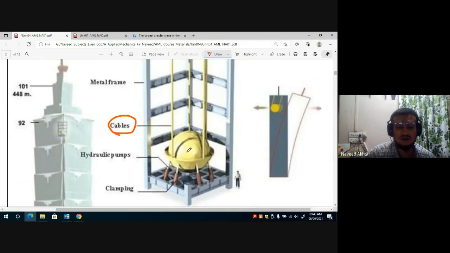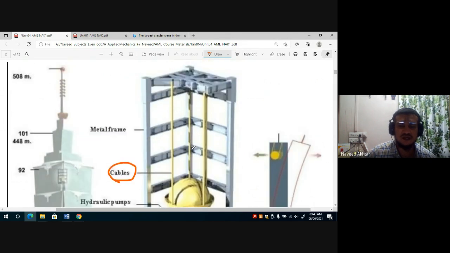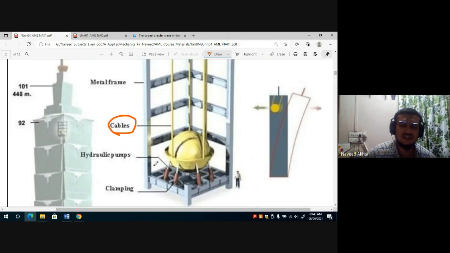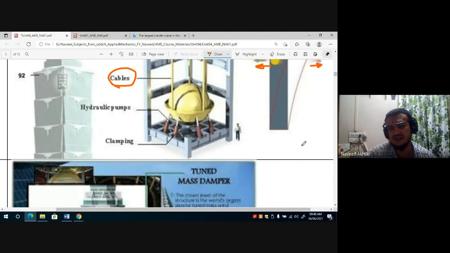This ball is around 660 ton, and this is how the balancing is done. If there is a force or wind pressure that pushes the building to the right side, at the same time the ball will move to the left side and balance the building. Vice versa, if the building leans to the left side, then the ball will move to the right side and balance the building.